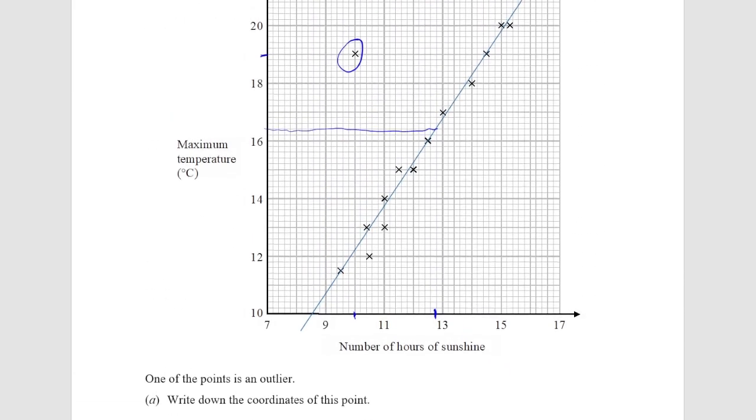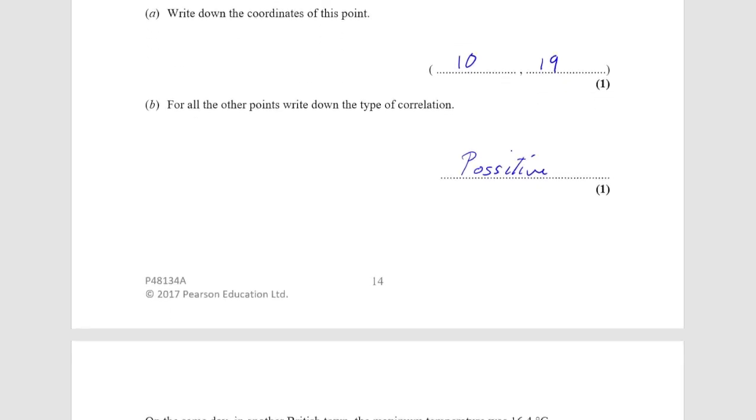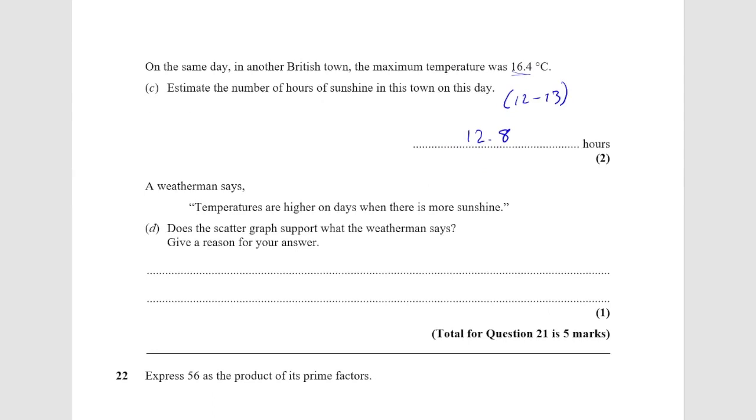So maximum temperature. So I would say that the graph shows that the maximum temperature. So I could say, yes, it does support it, or if I wanted to be strictly speaking, it supports that the maximum temperature is higher on days with more sunshine.